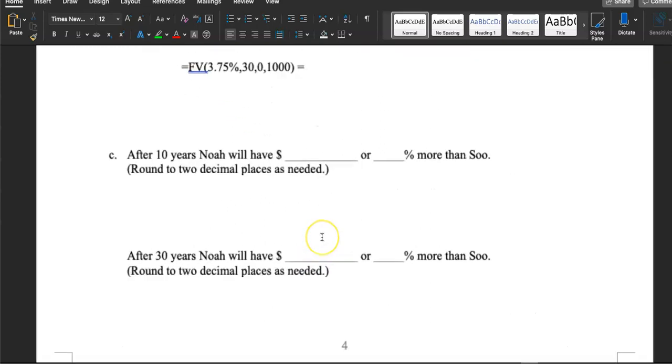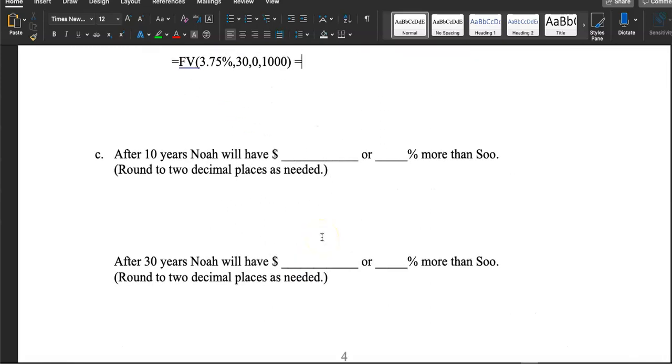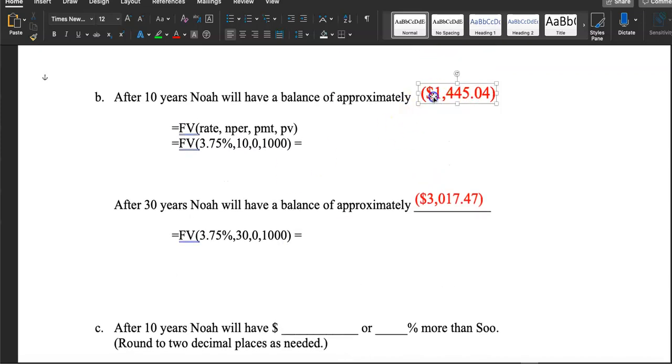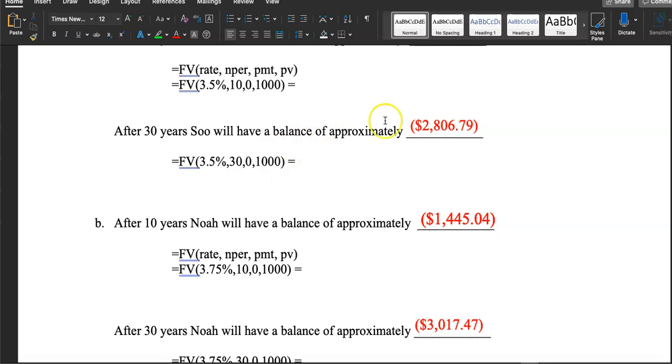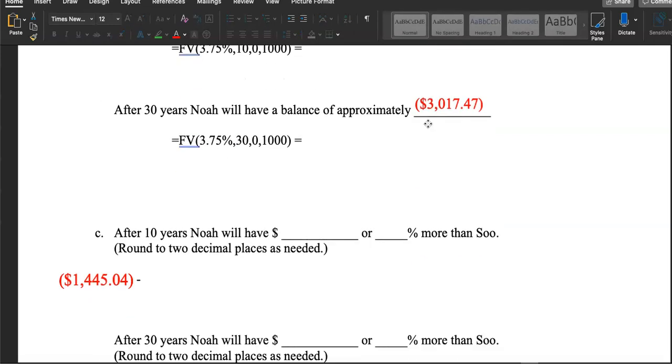Part C. After 10 years, Noah will have blank dollars or blank percent more than Sue. Now, guys, this is asking us to find the absolute difference and the relative difference, right? The first one, how much more money will Noah have? The amount that Noah has is this amount minus how much Sue has in 10 years, that amount.